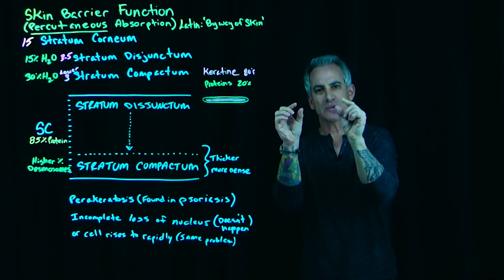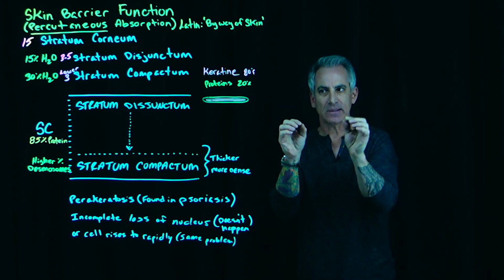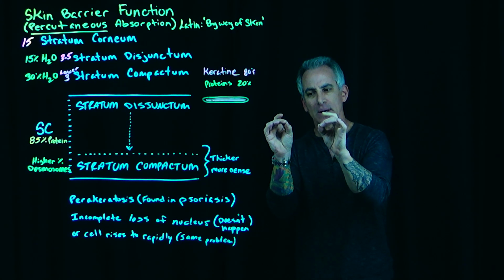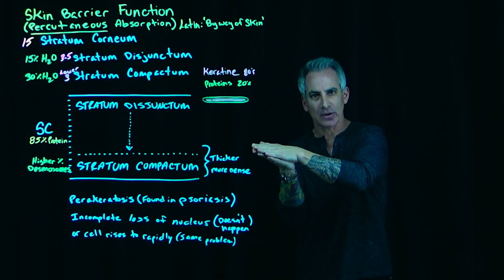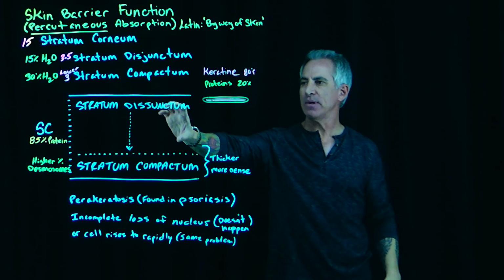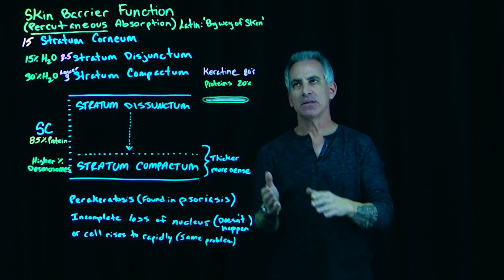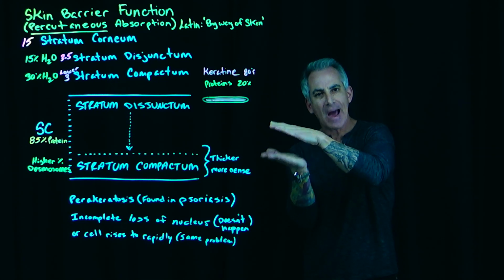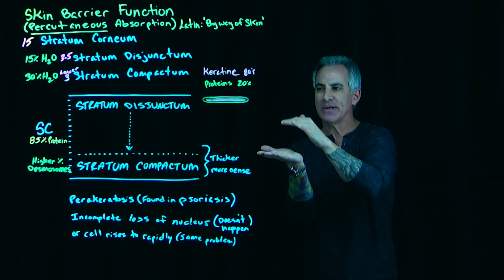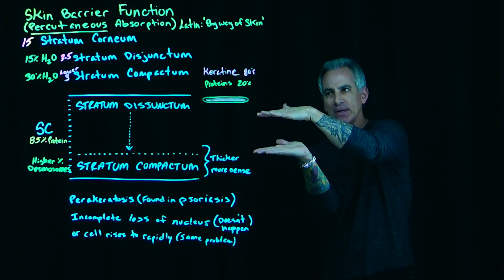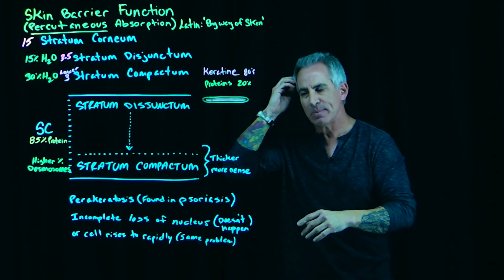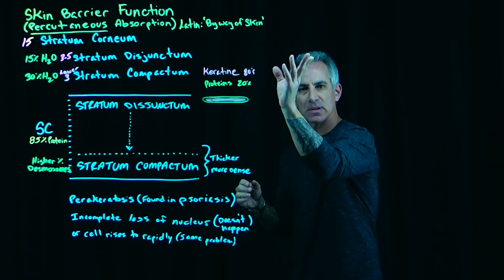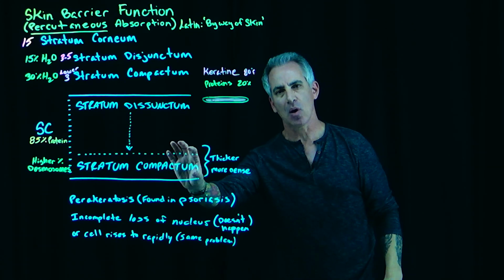Desmosomes are basically the proteins that connect the corneocytes together. All right, so the stratum disjunctum is not as compact, and the reason for that is because there needs to be a difference like this between corneocytes that are ready to slough away and ones that aren't.